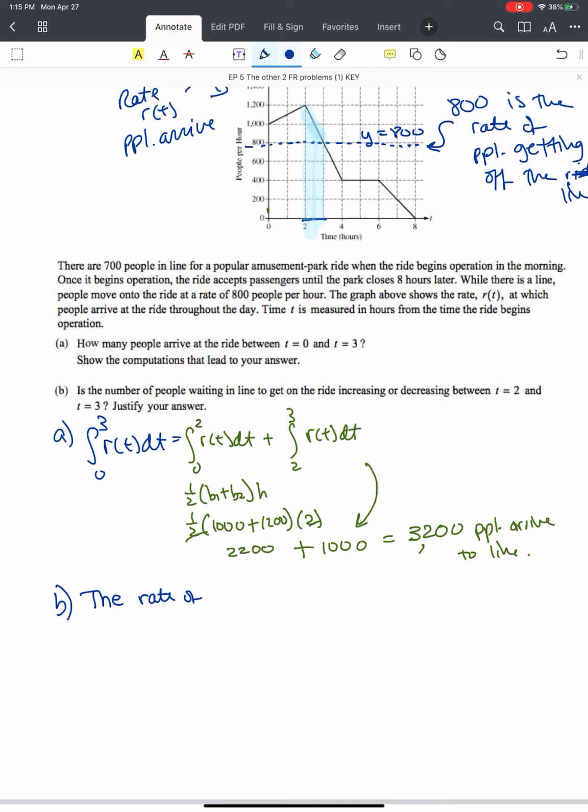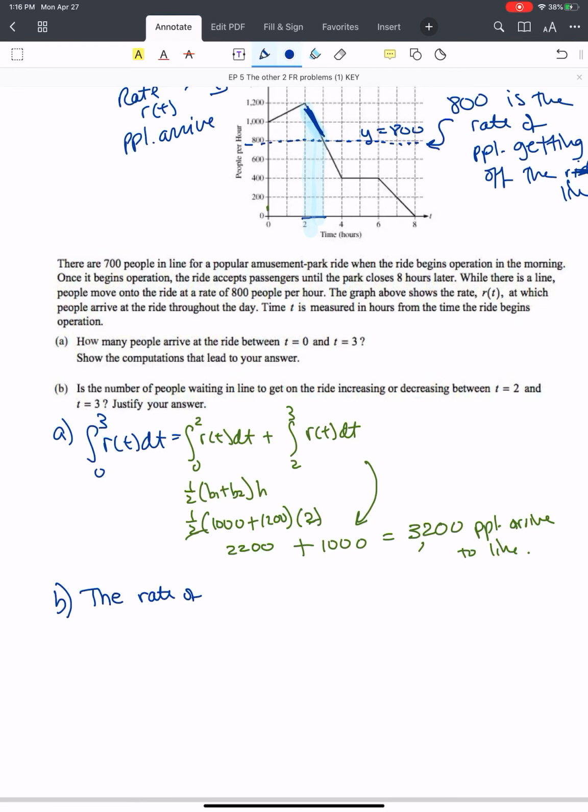So you can see that because this is the line, this is the people getting on the line, okay? The rate of people arriving is greater than the rate of people getting off the line.